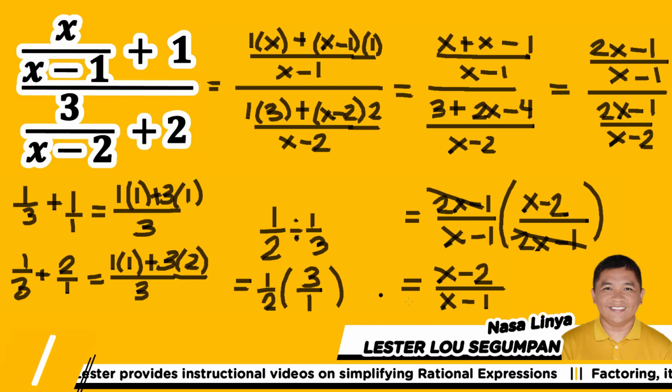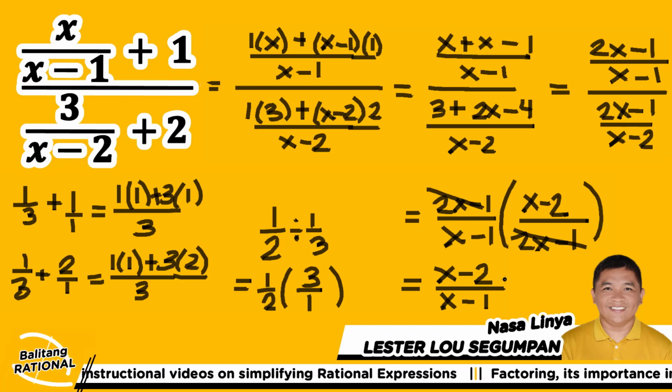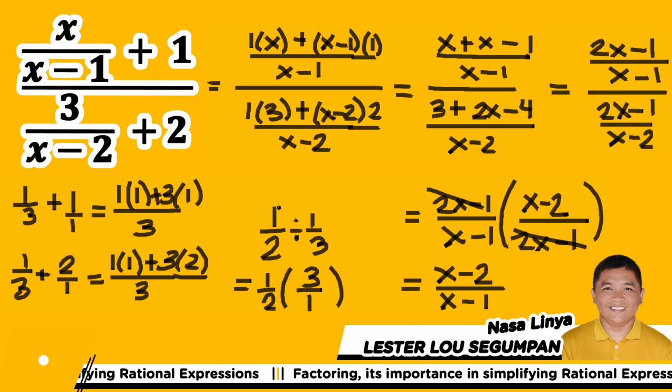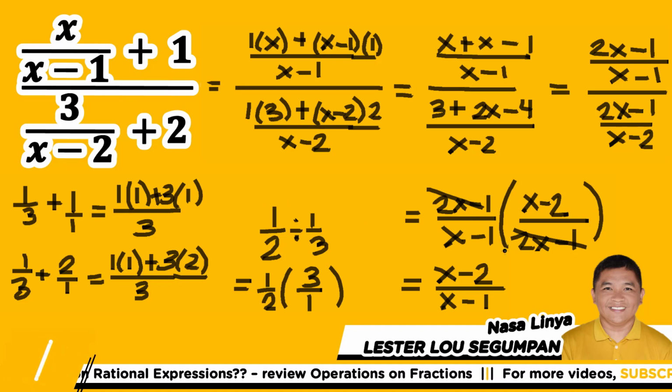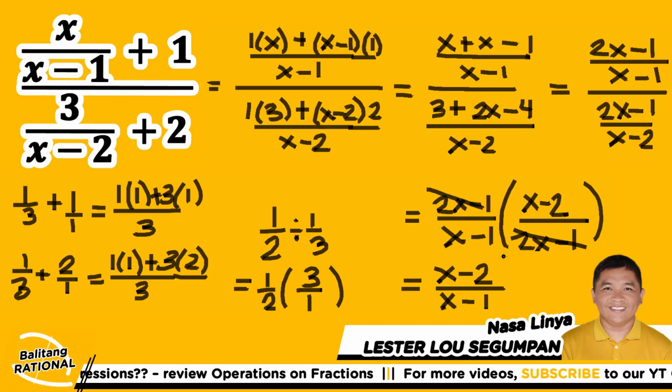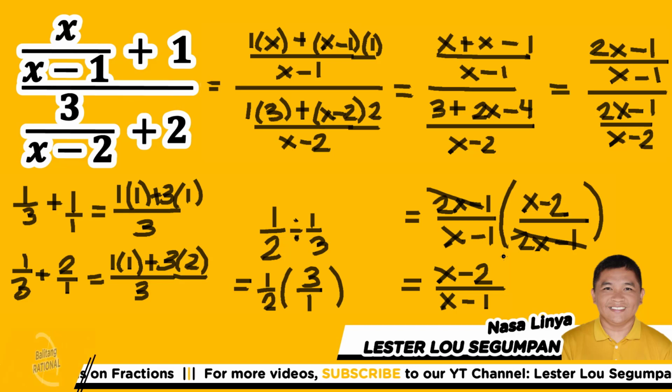This is now the final answer. Ibig sabihin, yung napaka-complicated na ibinigay na rational expression kanina, after using separate LCDs and equivalent fractions for numerator and denominator, and the keep change flip method here, it was just simplified into x minus 2 over x minus 1. This is the end of this problem.